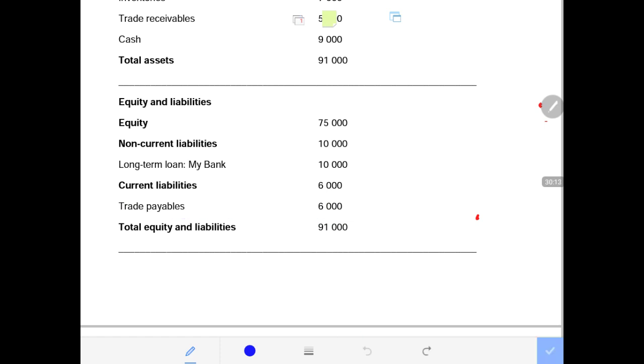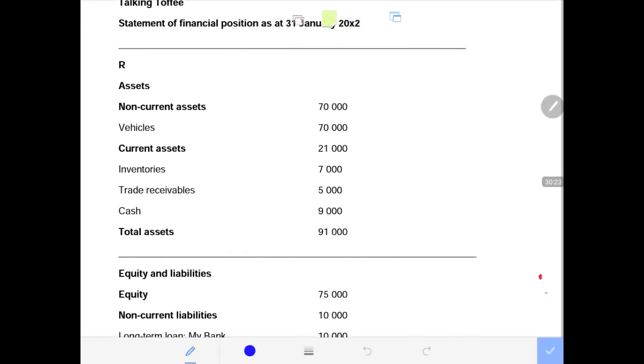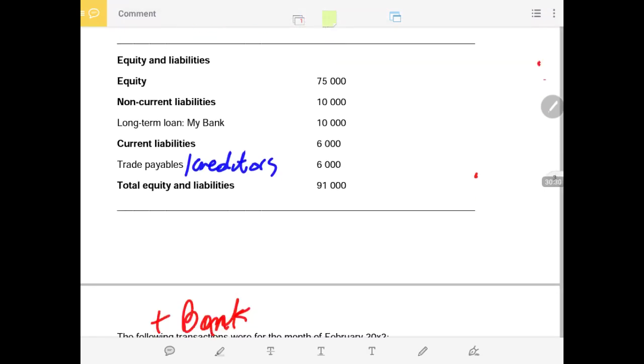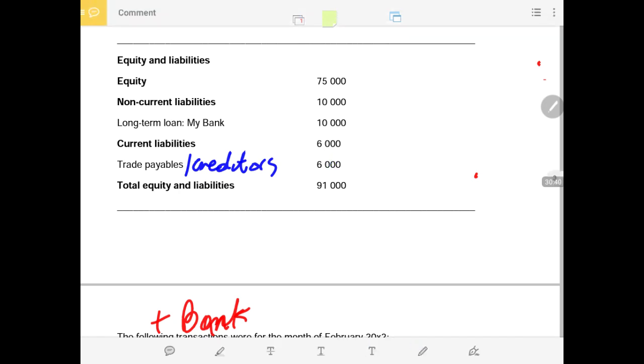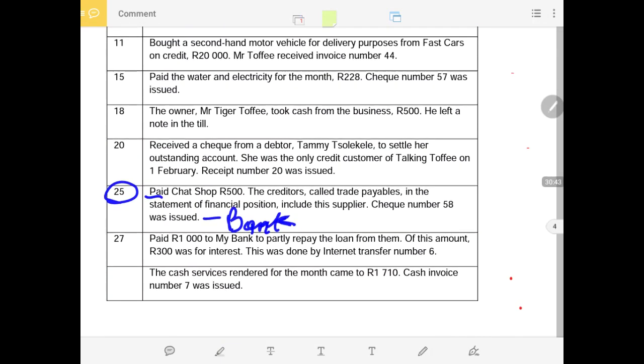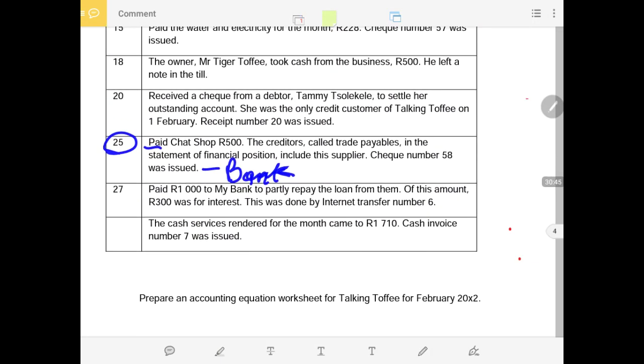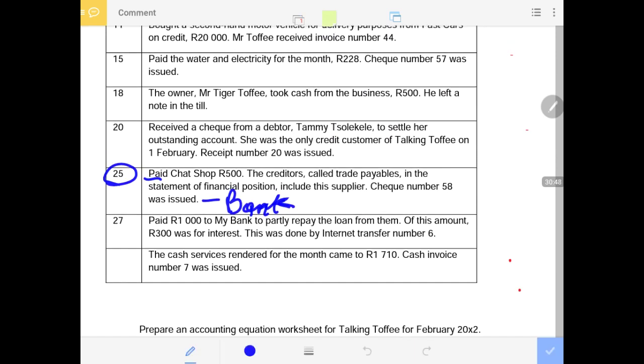I always say to my students, you must know that the words trade payables and creditors, or trade receivables and debtors, will be used interchangeably. So they are saying that the 500 is included inside the 6,000. So now we are paying something that was already there in our books. How much are we paying? We are only paying an amount of 500.